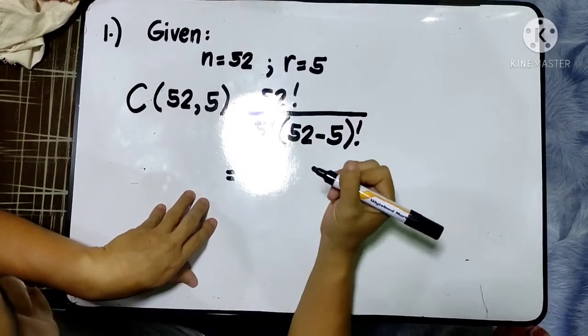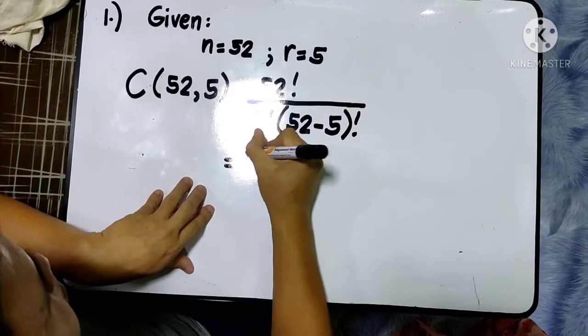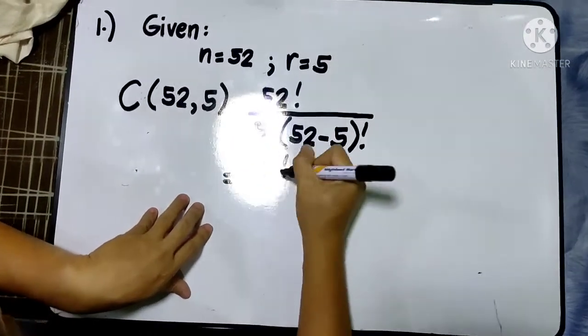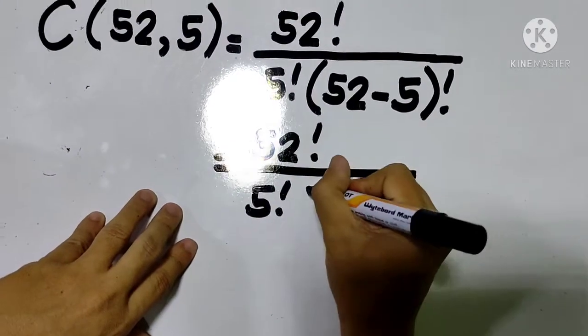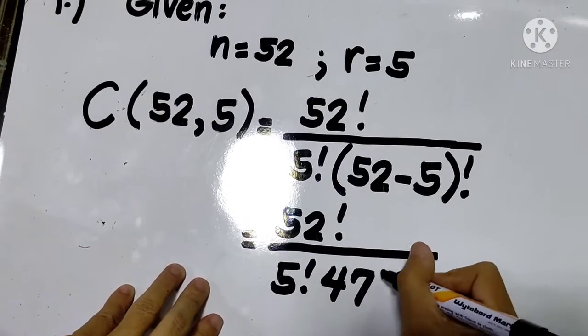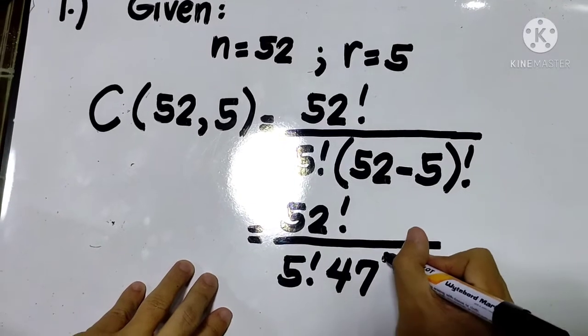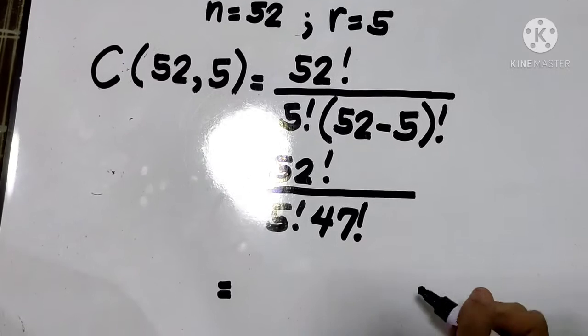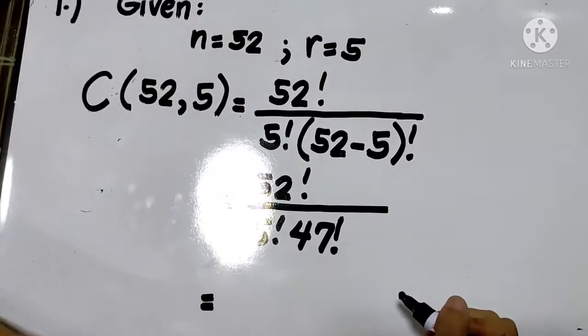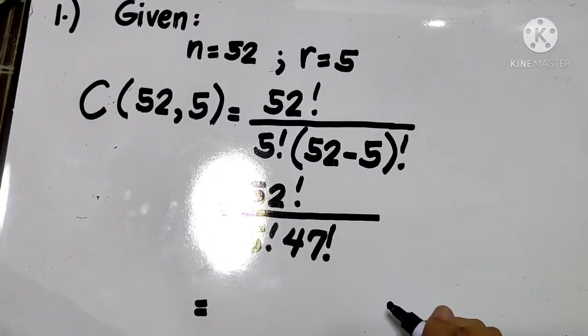You simplify it further and that will give you 52 factorial over 5 factorial times 47 factorial. Then you are going to express both the numerator and denominator in expanded form.